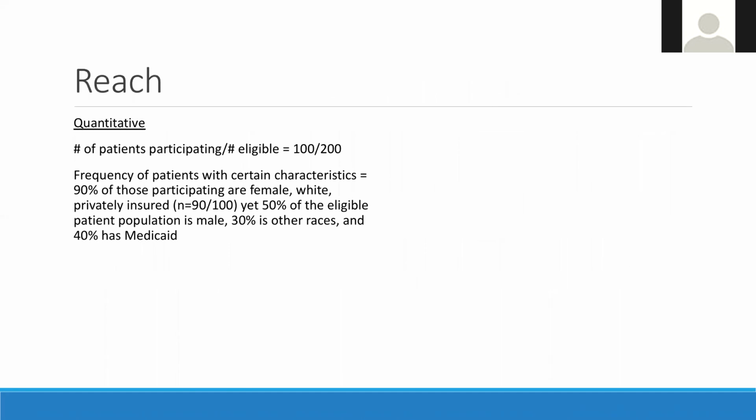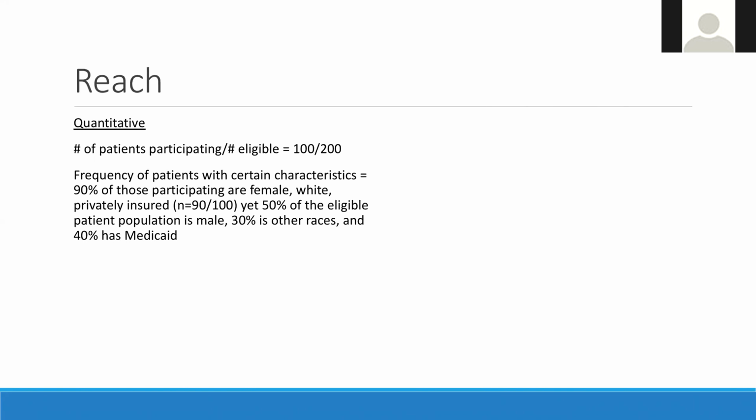So quantitatively, we might want to know how well this program actually reached the patients that we were interested in. So let's say out of 200 eligible patients, 100 people actually participated. All right, so they actually came to the program. Another aspect of reach is, what are the people like who participated?